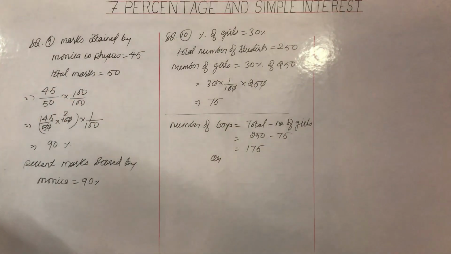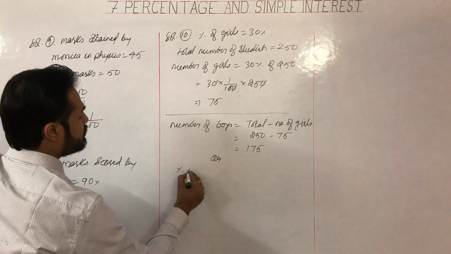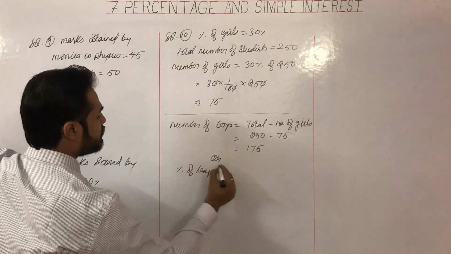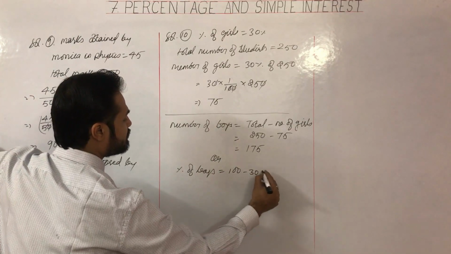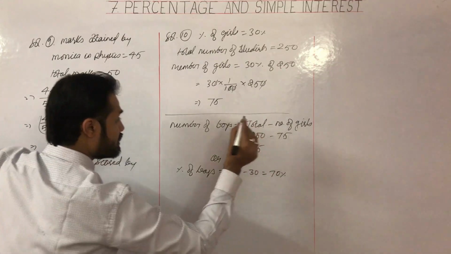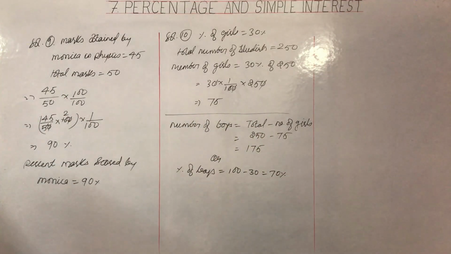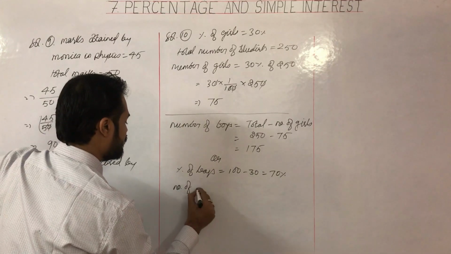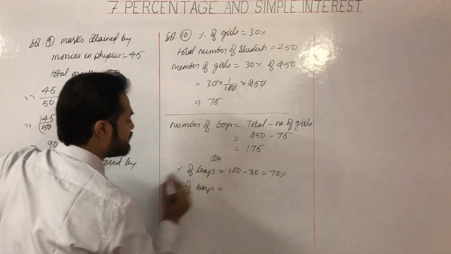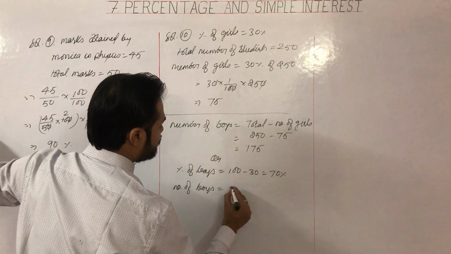Or if percent of girls is 30%, then percent of boys equals to 100, total percent possible, minus percent of girls 70%. So out of 250, 70% are boys. So here number of boys can be calculated using 70%.